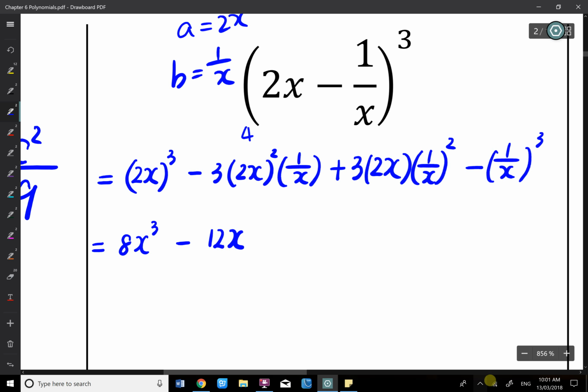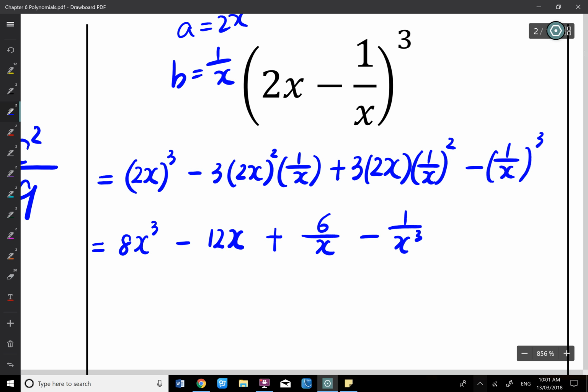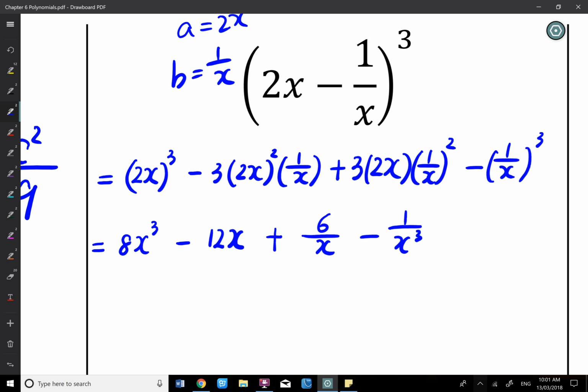That's 4x squared times 3, so 12x squared, and then divide by x, so 12x. Plus, that's 6x over x squared, so 6 over x. And minus 1 over x cubed. That's how we expand that.